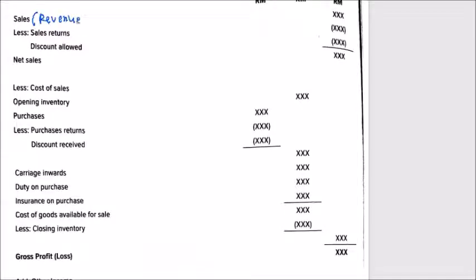So you gain revenue through sales of a business, and it deducts sales return or return inward, which is a return made by customers to us, the business. You see, it comes back in to our business. Does this reduce our sales? That's why it says less here. See, less, because it reduces our sales.